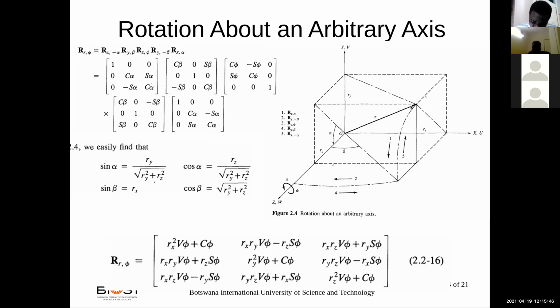Okay, let's see how it is being done. The first process, R goes here. It rotates about the X axis, that is positive.